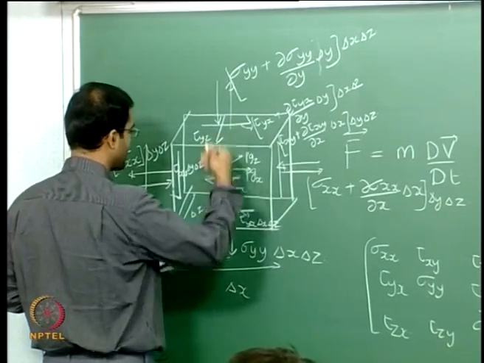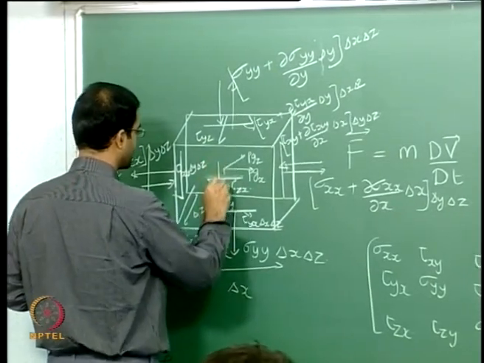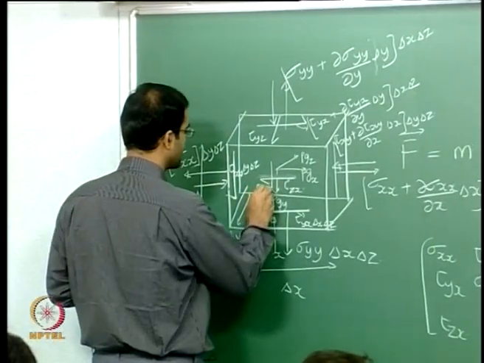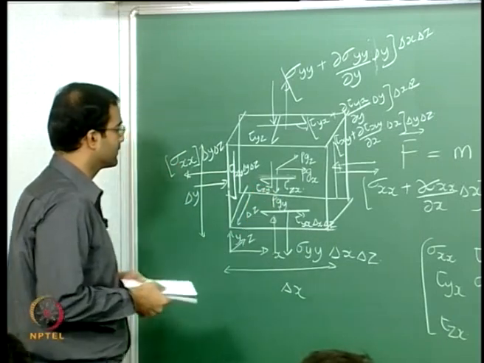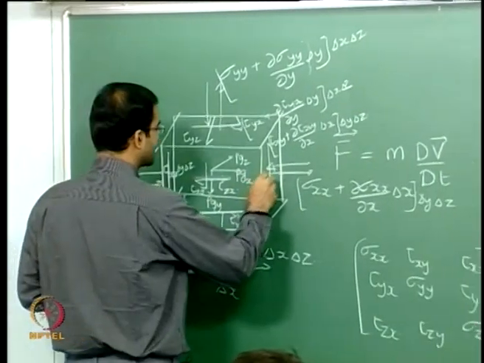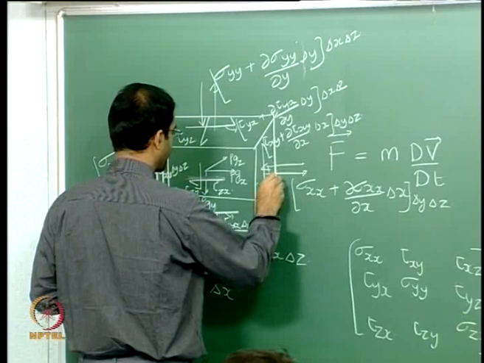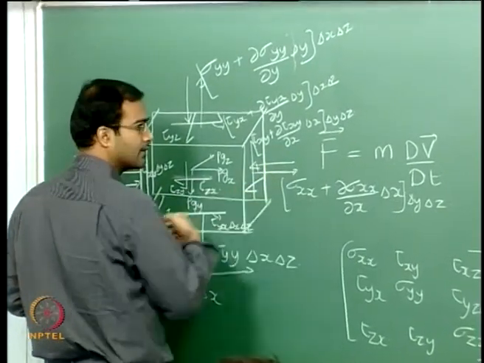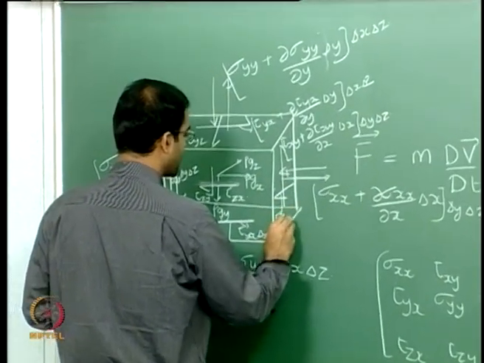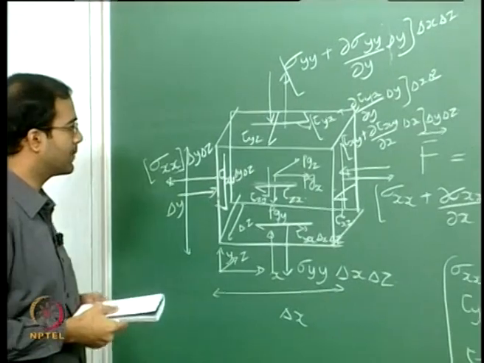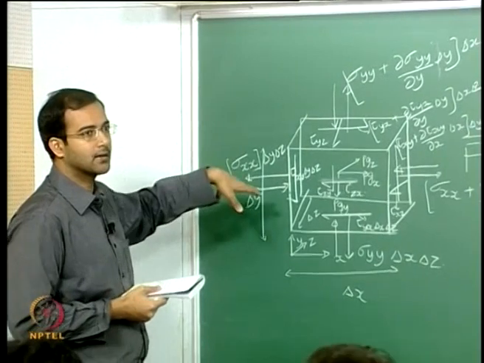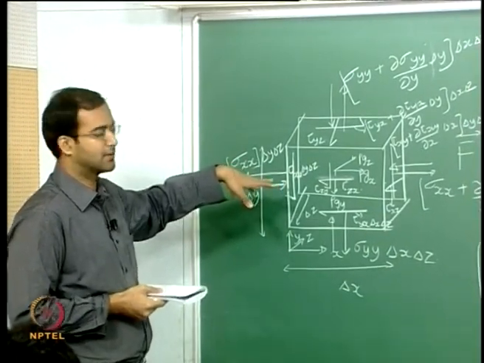And you can also have the same z plane, you can have stress which is acting tangential pointing in the y direction, so this should be tau zy. And what else? So you have 1 2 3 4 5, so one more, so you can look at this left and right plane, so you can have again a stress which is acting in the z direction, right, on an x plane, so this will be tau xz, okay. So this completes all the 6 viscous stresses acting tangential and the 3 remaining normal stresses which are acting normal to the surface areas.